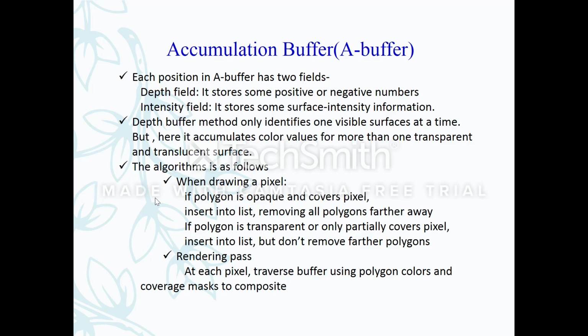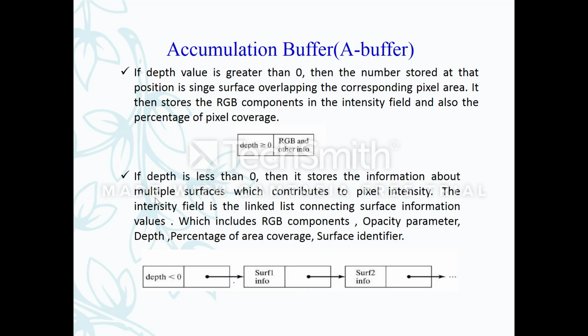The algorithm is as follows. When drawing a pixel, if the polygon is opaque and covers the pixel, then insert it into the list, remove all the polygons farther away, and fill that pixel with the nearer object. If the object is transparent, then we need to store the values of all the transparent objects below.